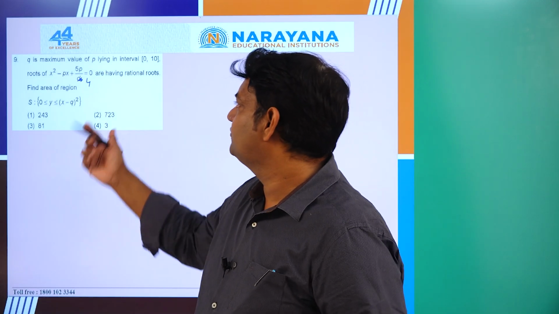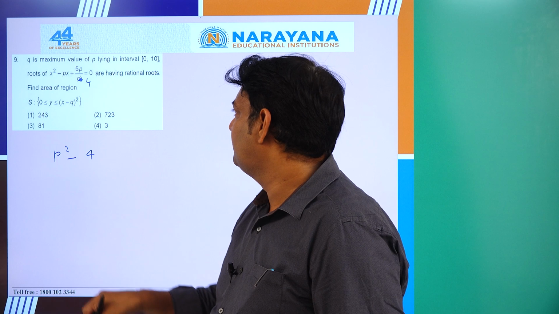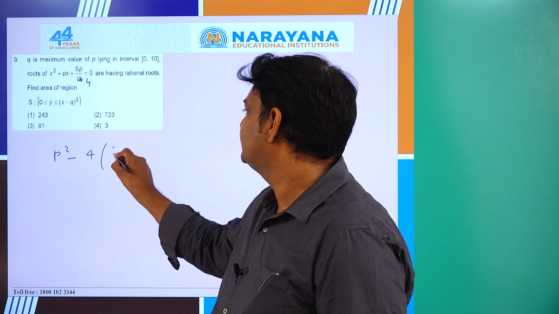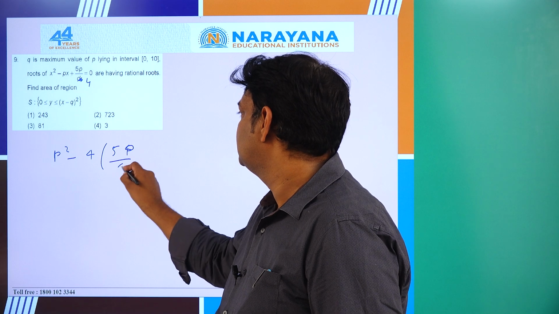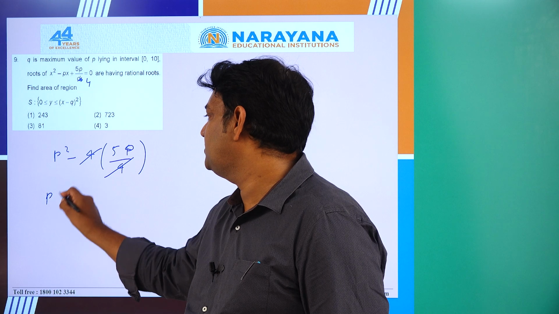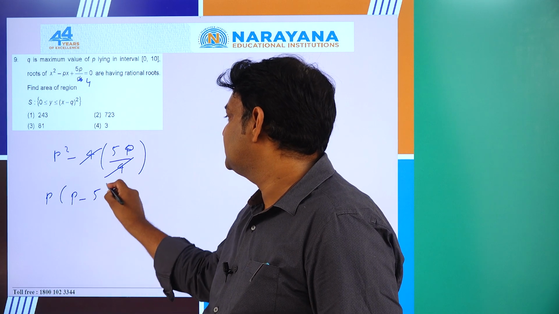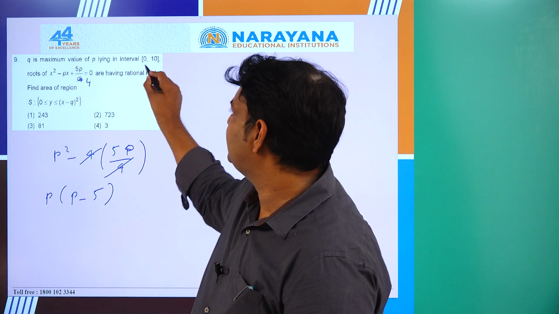We want the roots to be rational, so the discriminant should be a perfect square. What is the discriminant? B square minus 4ac should be a perfect square. 4 got cancelled, so p into p minus 5 should be a perfect square, and q is the maximum value of p.